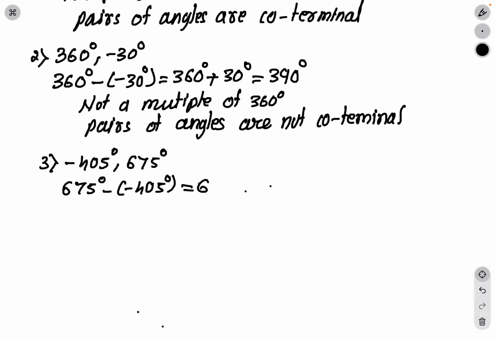So 675 degrees plus 405 degrees. This is equal to 1080 degrees. Here, multiple of 360 degrees.